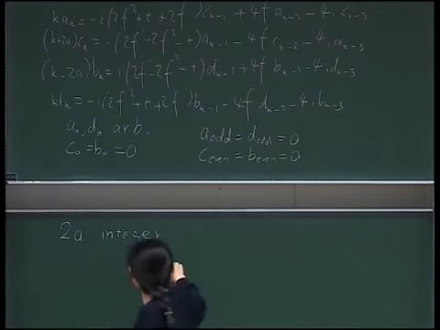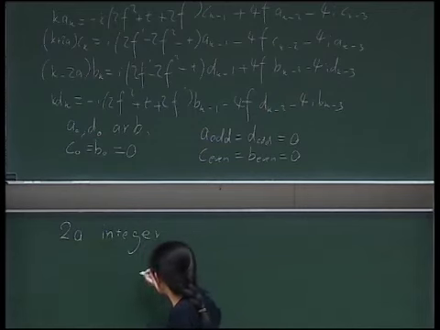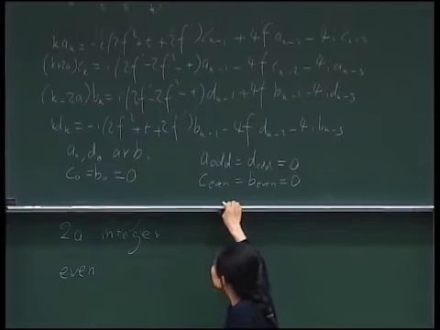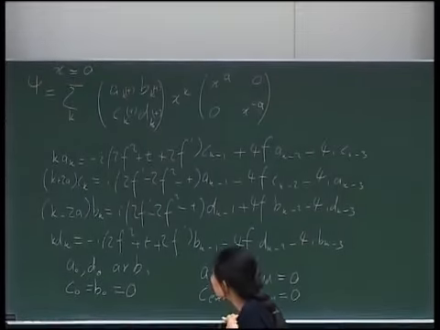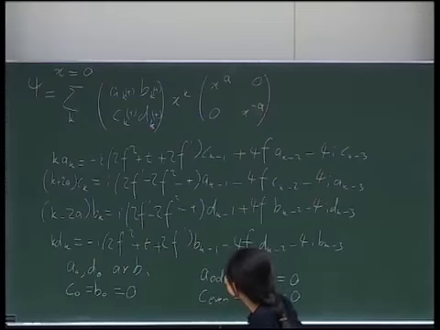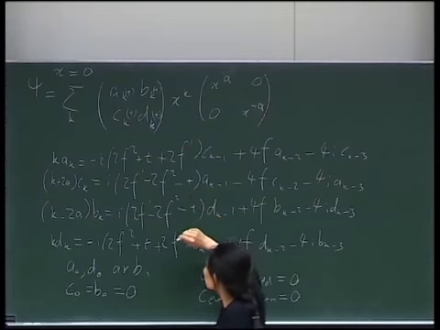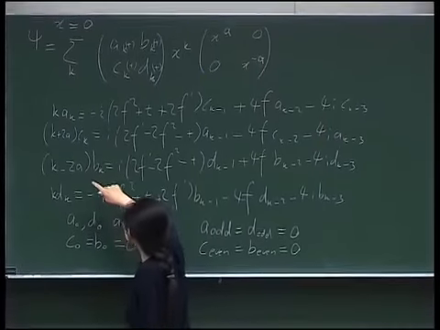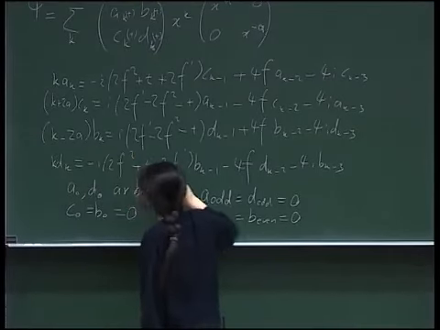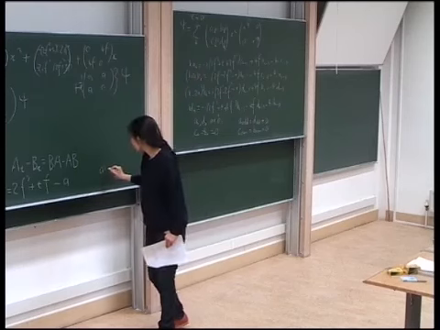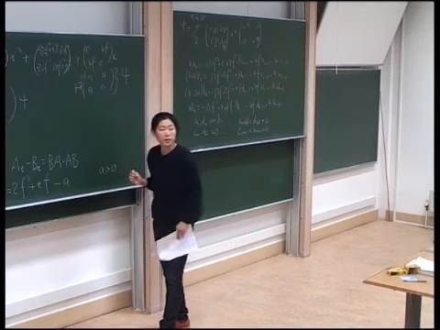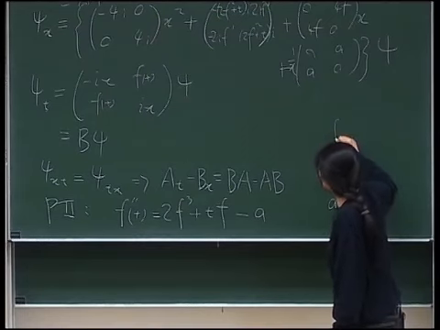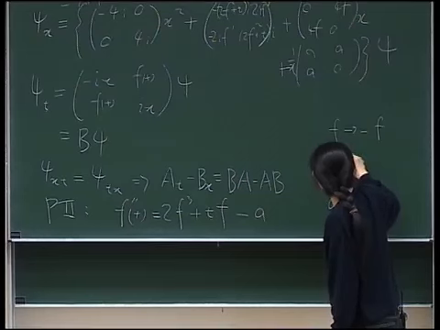But let's check the cases. So let's check when 2a is even. We see that when 2a is even, this form still stands. One more thing I forgot to mention, that we only need to consider a greater than 0, because this function has the symmetry that when f goes to minus f, a goes to minus a.